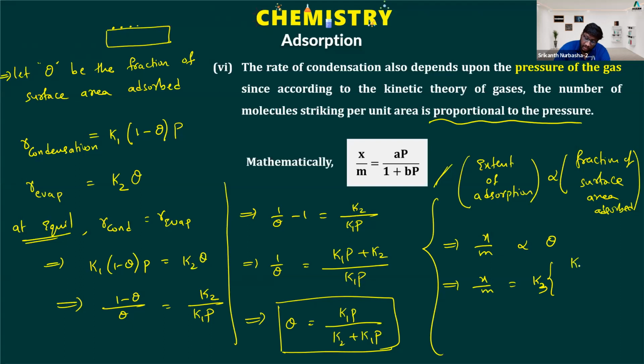What is theta? K1P divided by, I can take a K2 constant, K2 I have to take constant because it is written in the form of 1 plus bP.